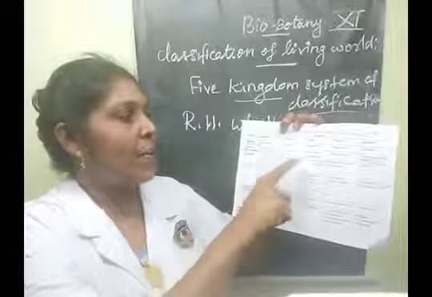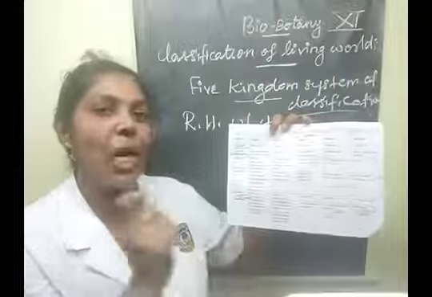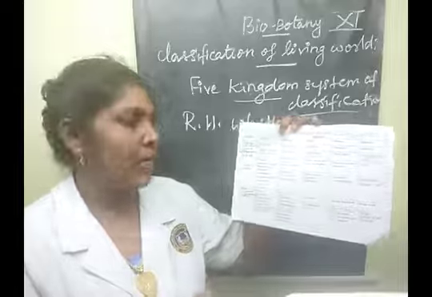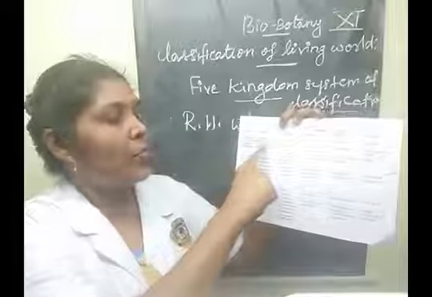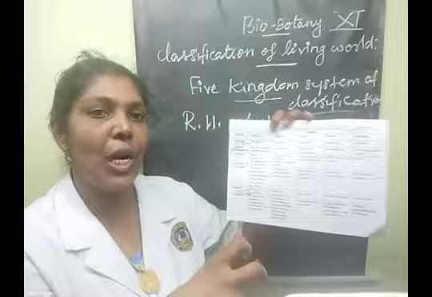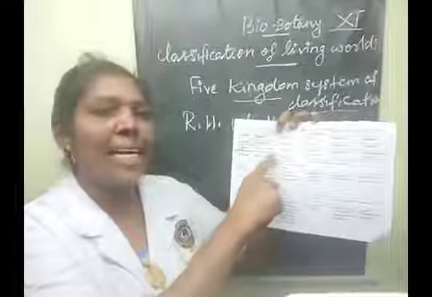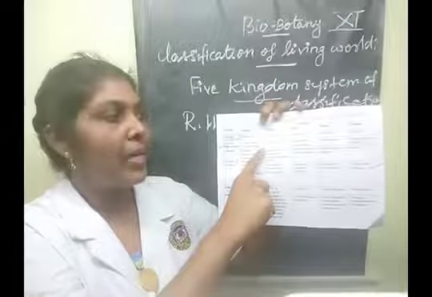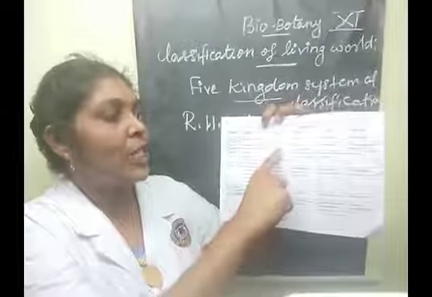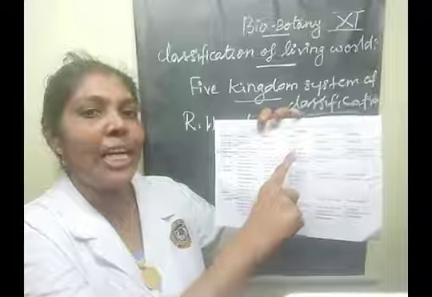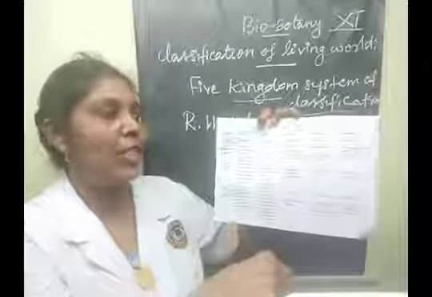Next one, thallus organization or the level of organization. Mostly here they mention unicellular and multicellular organisms. The Monera group is mostly unicellular, and in rare cases multicellular. Clear? Then Protista, that's unicellular. Fungal organisms are unicellular and multicellular.